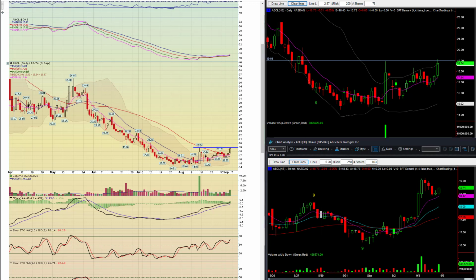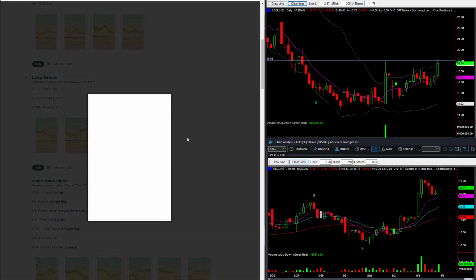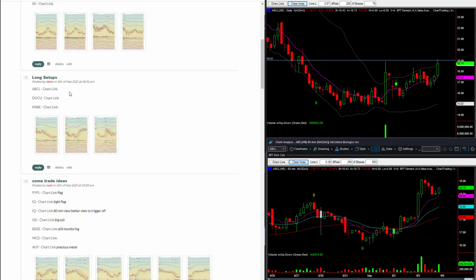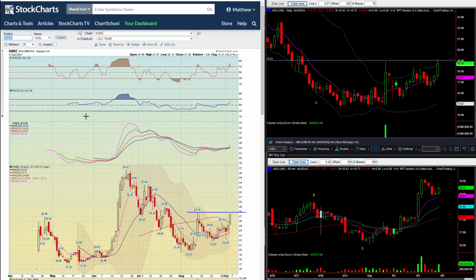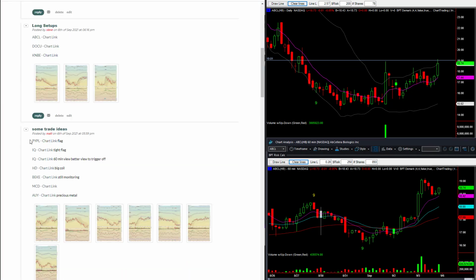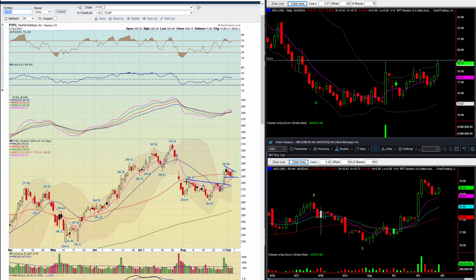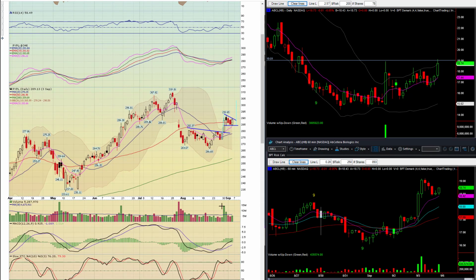Okay. Let's just take a look at some other examples here. What else do we got? Let's see if we can find a really tight one. PayPal. Here's one I posted. So PayPal, if you look here, recently broke out of a little pattern on expanding volume.